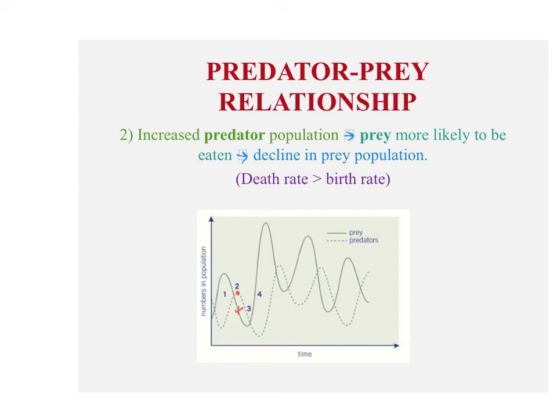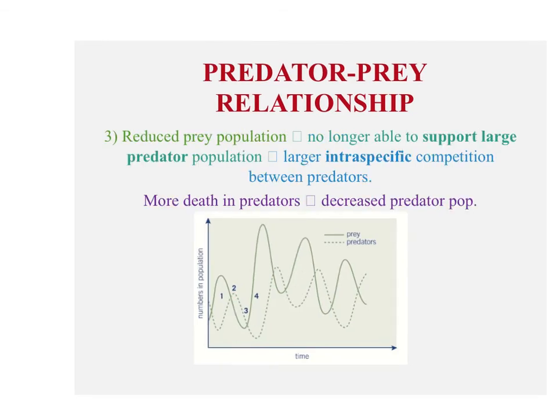Because obviously as they're getting eaten, the parents are not going to maybe reproduce as much, they're just going to be focused on survival. Also, the offspring might be killed a little bit more easily because they're likely to be weaker, and as a result, we get a drop off in the prey populations, but also the predators, as you can see, which links into step 3.